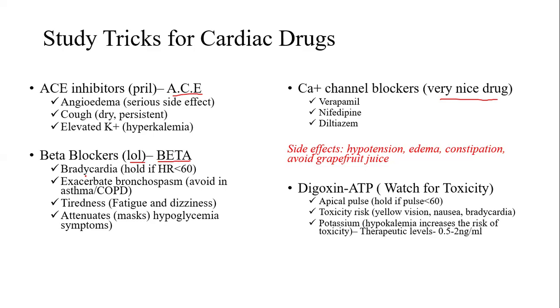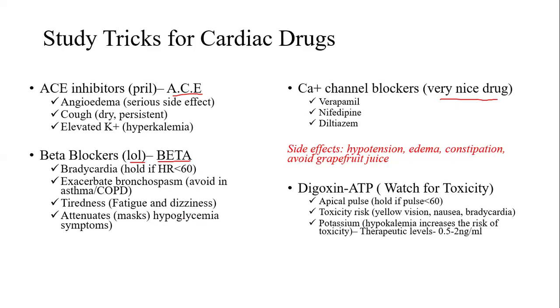B is for bradycardia, like hold if heart rate is less than 60. E is for exacerbate bronchospasm, avoid in asthma or COPD. It can cause tiredness, fatigue, and dizziness, and it attenuates and masks hypoglycemic symptoms.